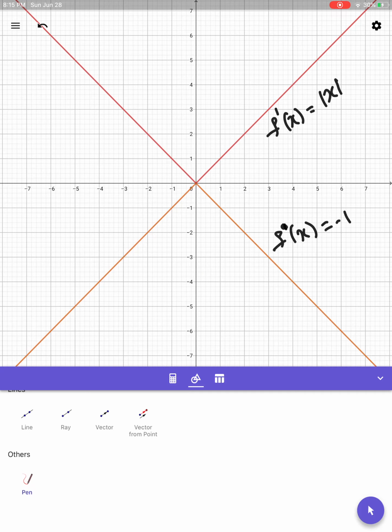Okay, f of x is equal to negative absolute value of x. So you just follow the condition, that is formulate the values of f of x is equal to absolute value of x, plot the graph, and keep shifting the values below the x-axis.